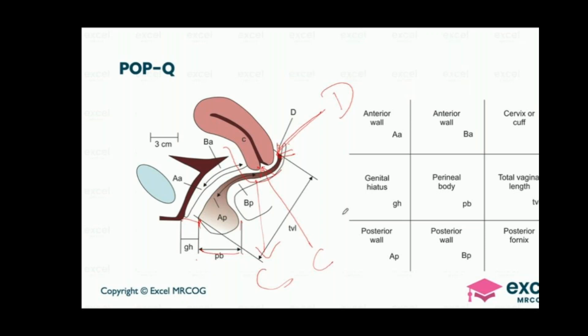So these are the markings mentioned in the POPQ grid, and you have the total vaginal length, which is this length. It is measured even if there is a prolapse: you put the prolapse back and measure the TVL. Okay, is that clear?